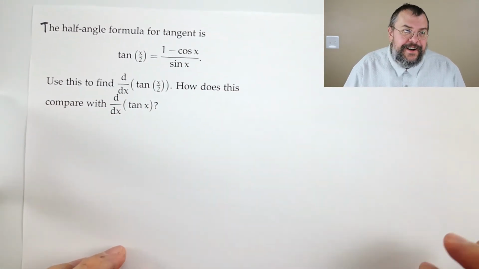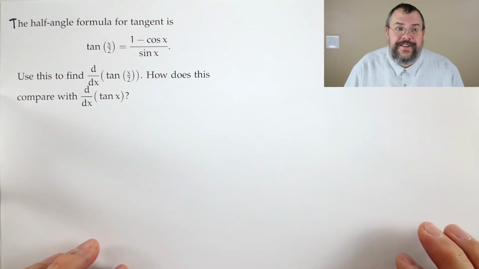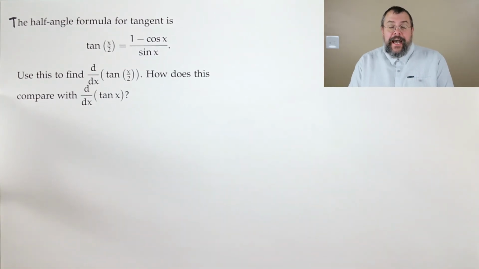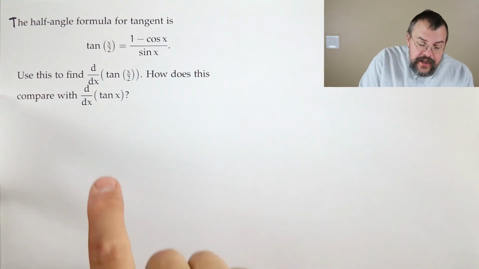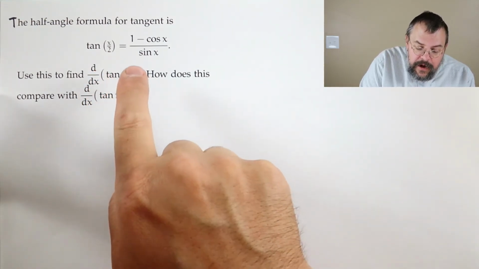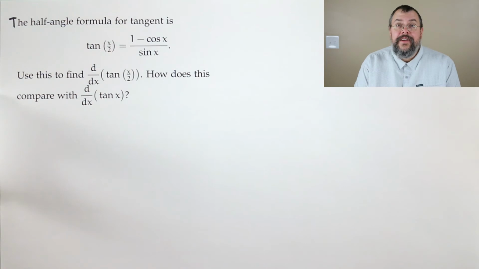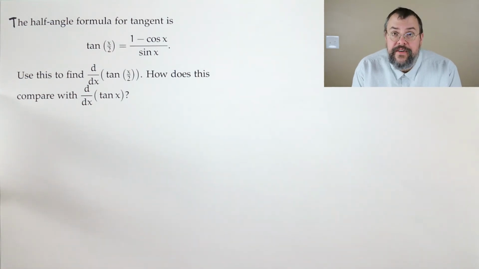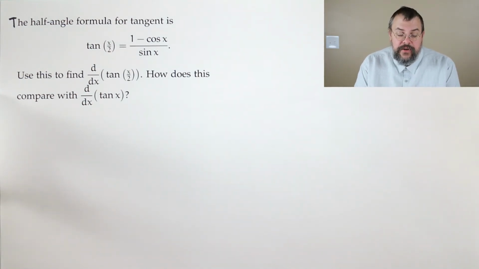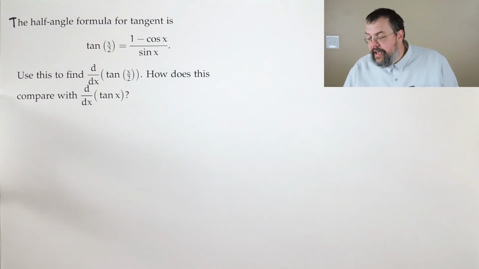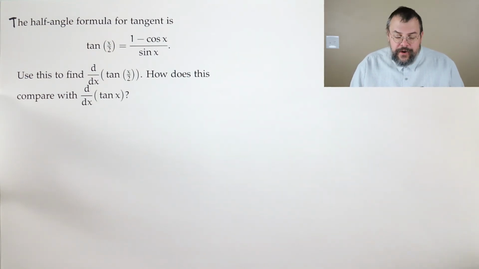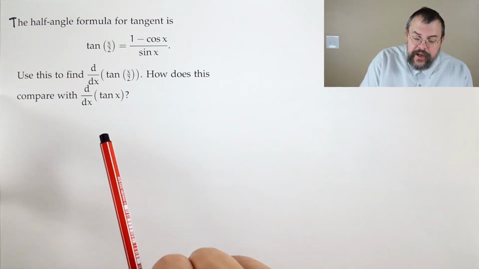And that brings us to one final problem. Of course, the last problems are always the fun ones. So, the half angle formula for tangent is that tangent of a half x is 1 minus cosine x over sine of x. And so we're going to find the derivative of tangent of x over 2. That's our first thing. And then it says, you know, there's this derivative of tangent of x.